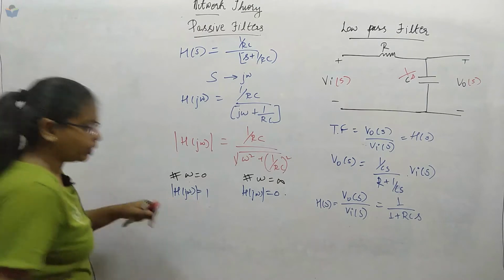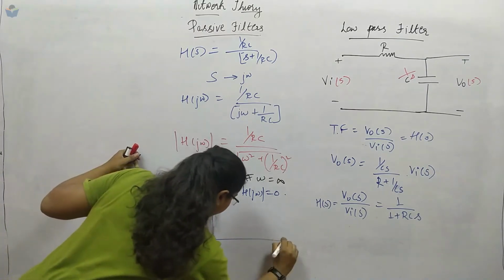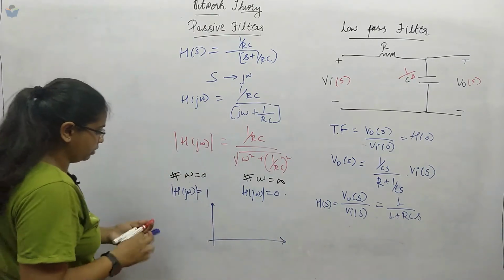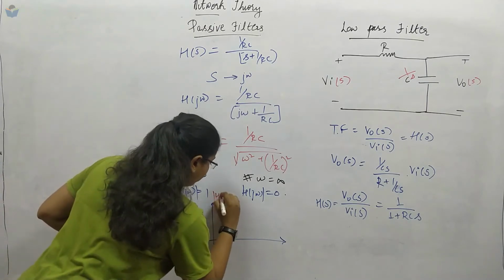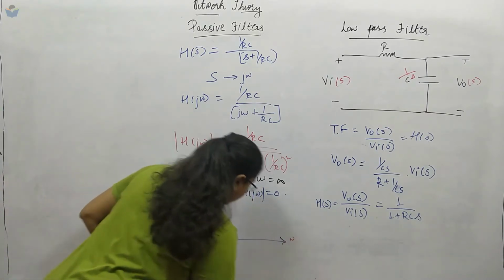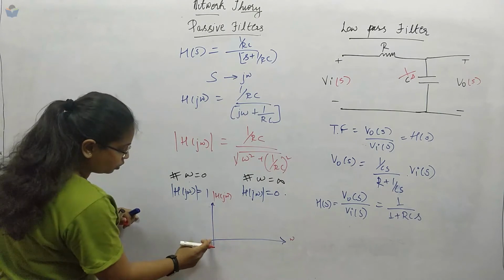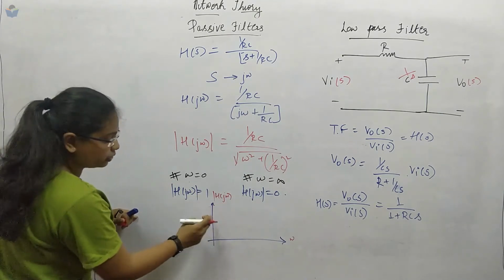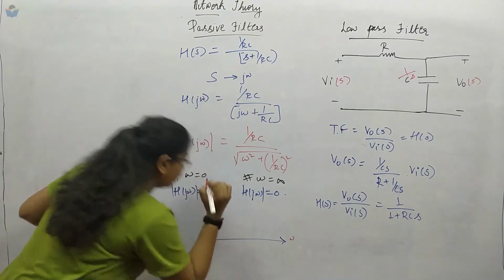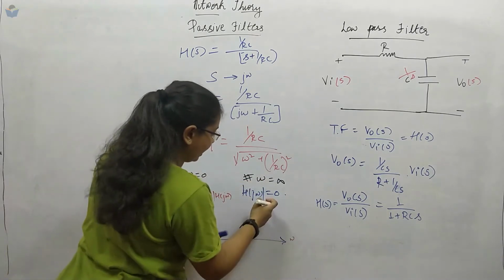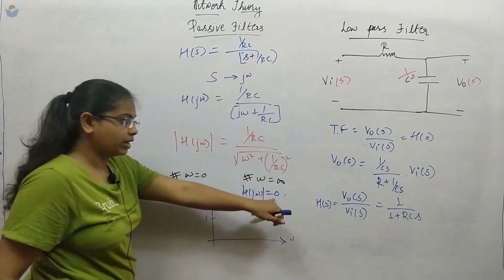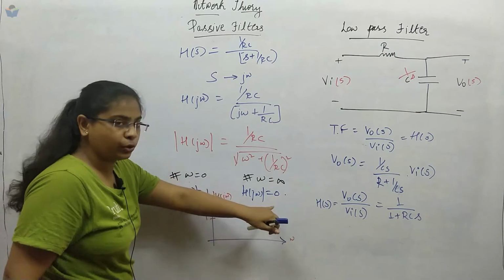Now if I draw the plot for this, what will I get? This is the magnitude of H of J omega and this is omega. For omega equal to 0, I am getting the magnitude as 1. For omega equal to infinite, the magnitude of H of J omega is equal to 0.